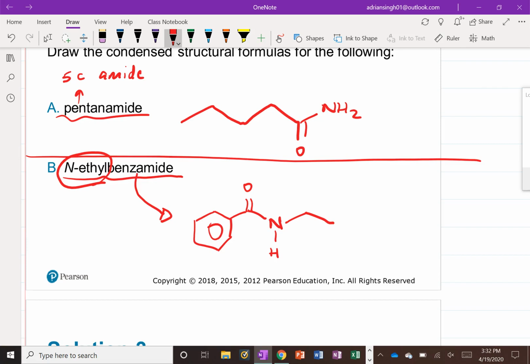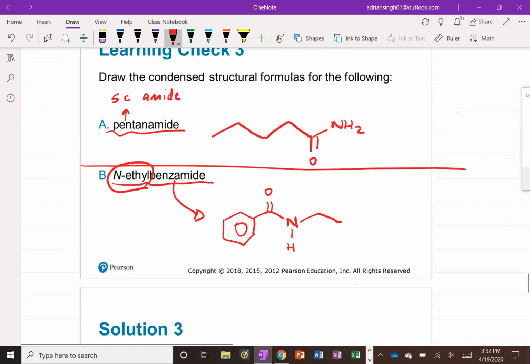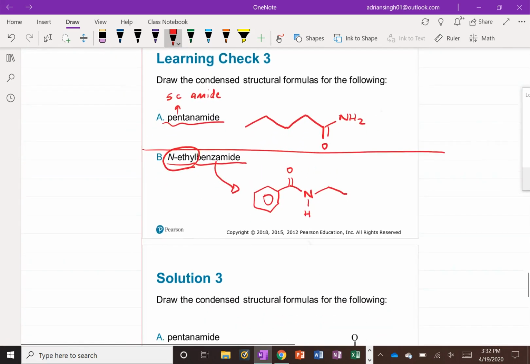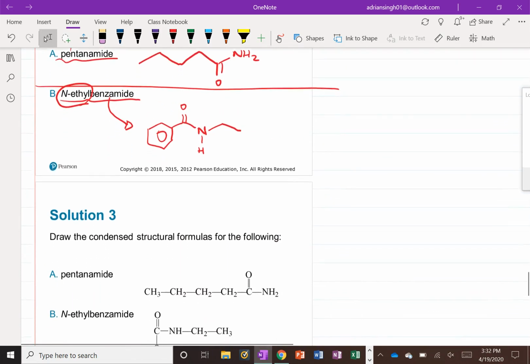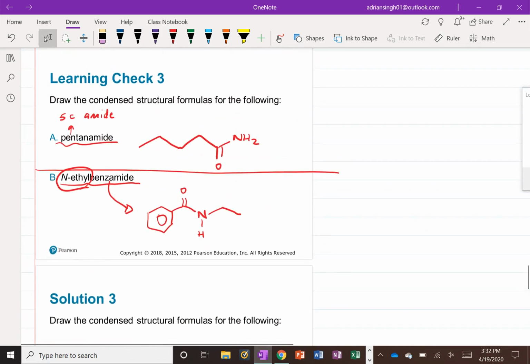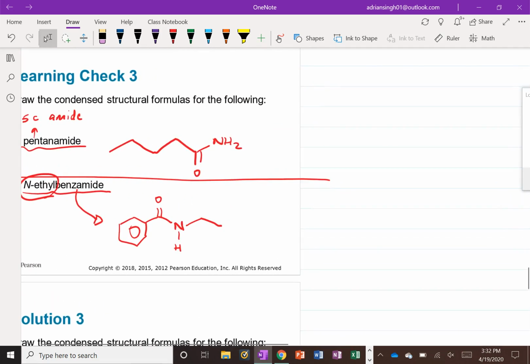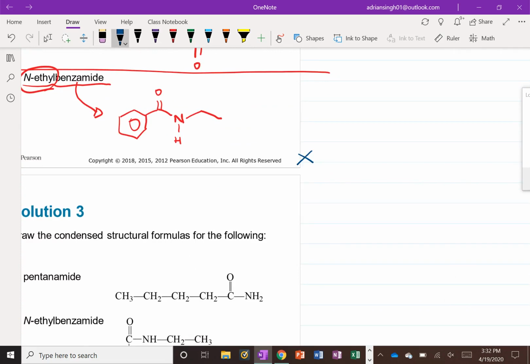All right, so that's the idea behind your amides. We're going to see amides a lot when we get to the protein chapter down the road. And just as a preview, I'm just going to put this down here.